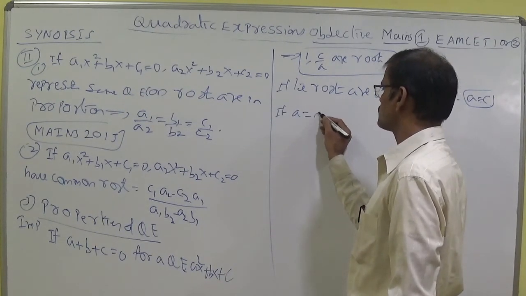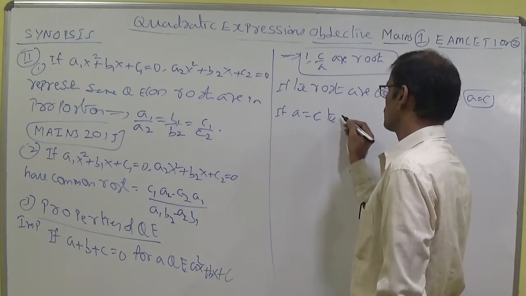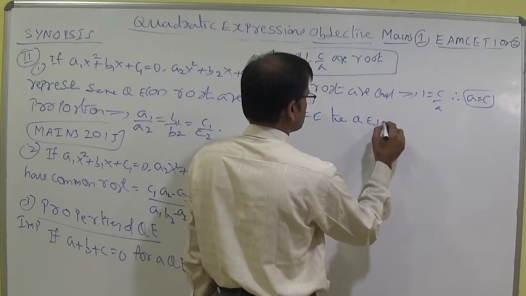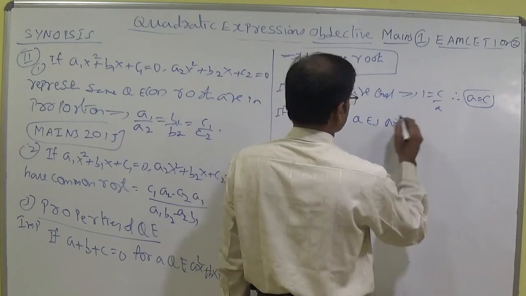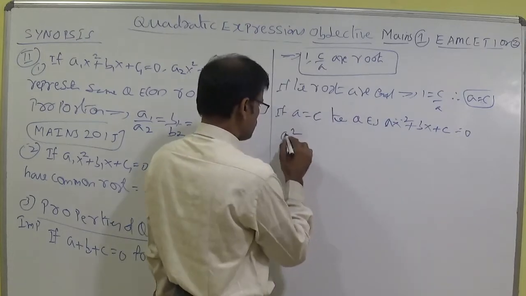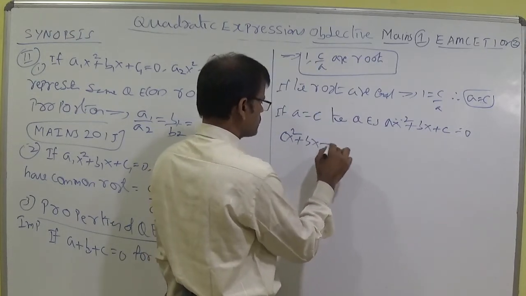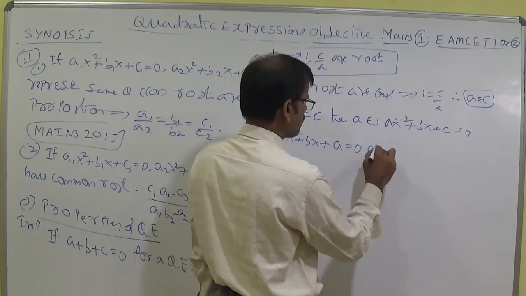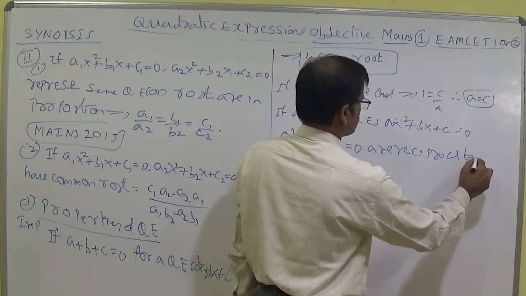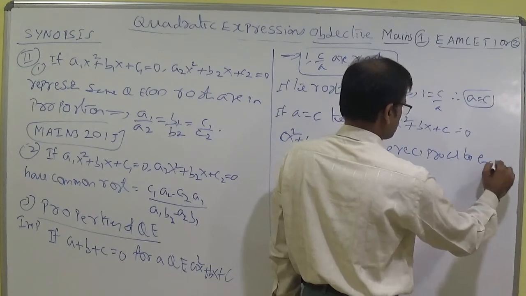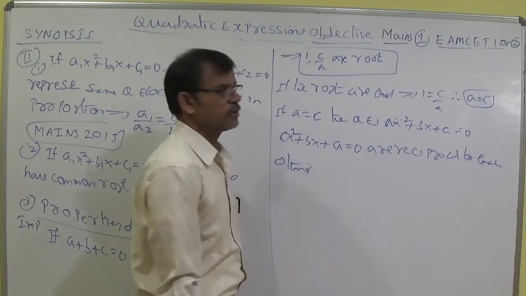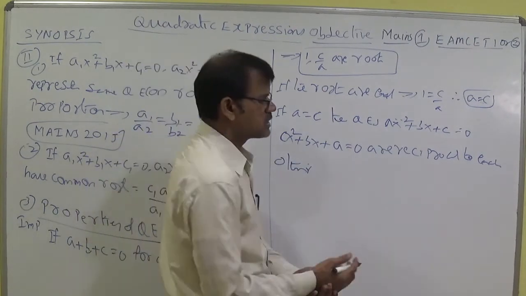If a is equal to c, the quadratic equations ax square plus bx plus c is equal to 0 and cx square plus bx plus a is equal to 0 are reciprocal to each other.